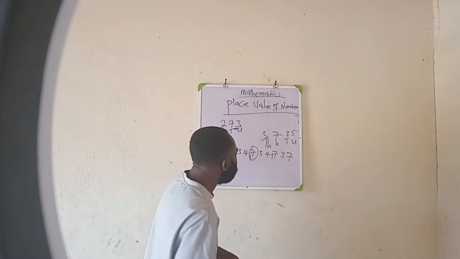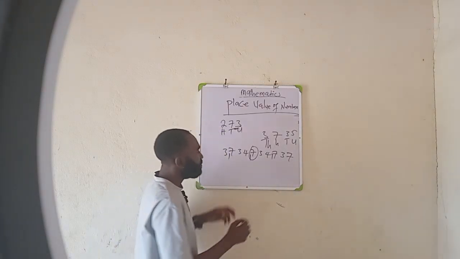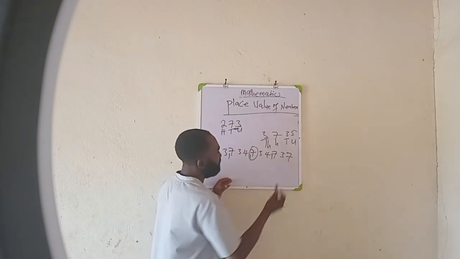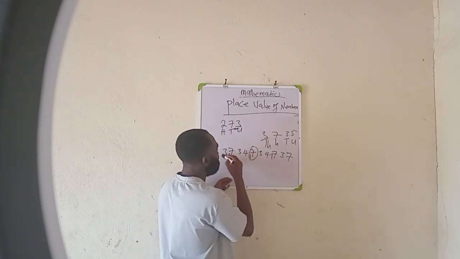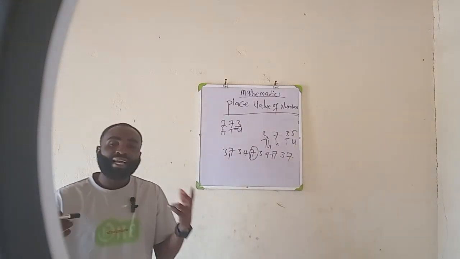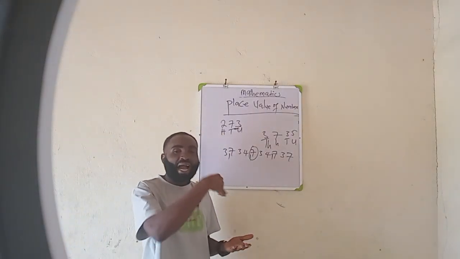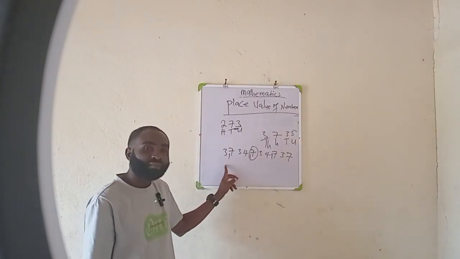Now, after we have separated the 3, 3, 3, let's count it now. 1, 2, 3, 4, 5, 6, 7, 8, 9, 10. As I explained before, anything from 10 above is billion. So this number here is in billions.